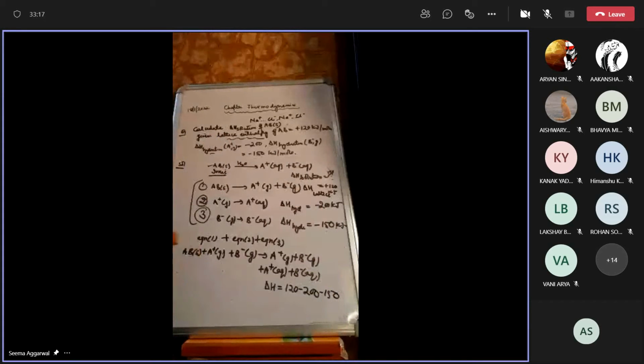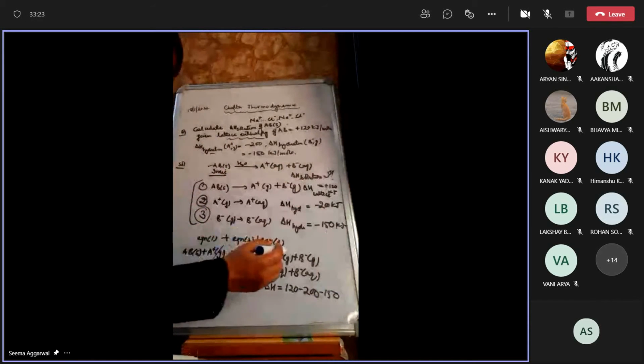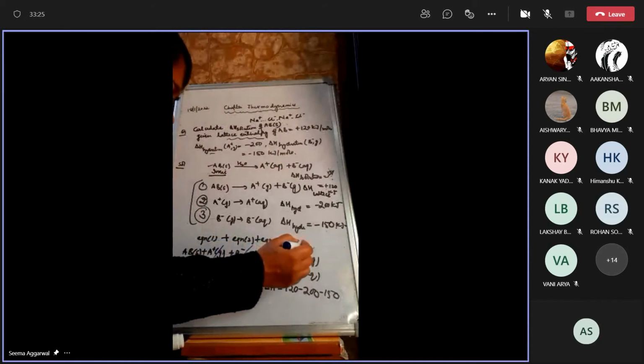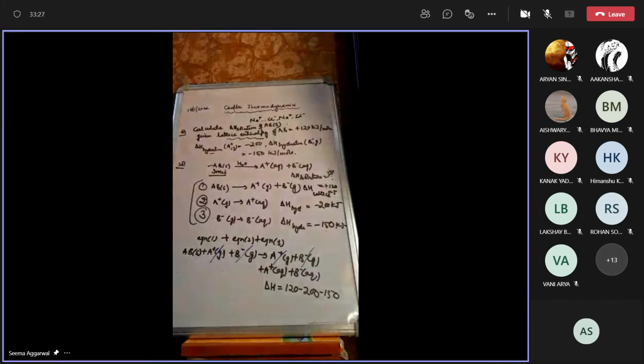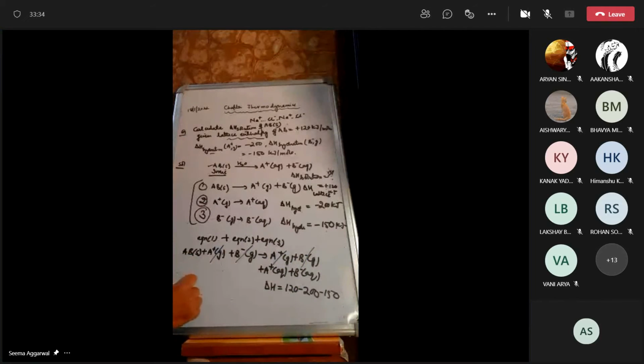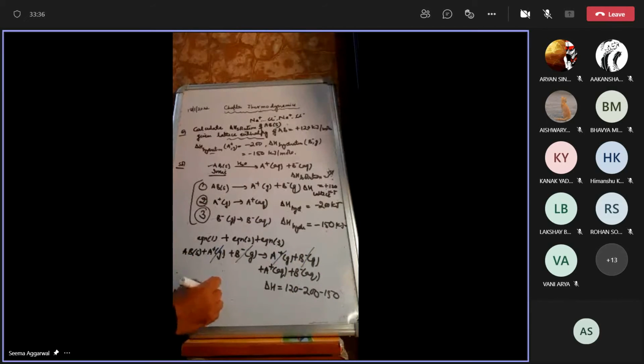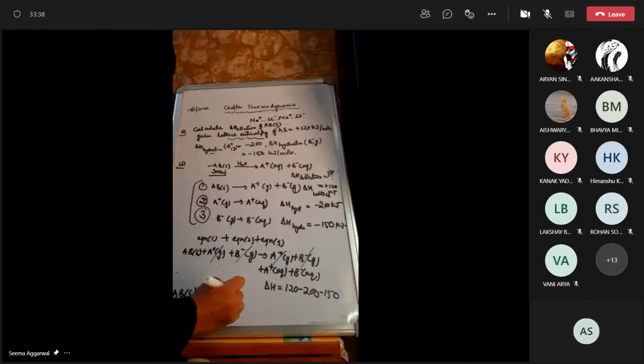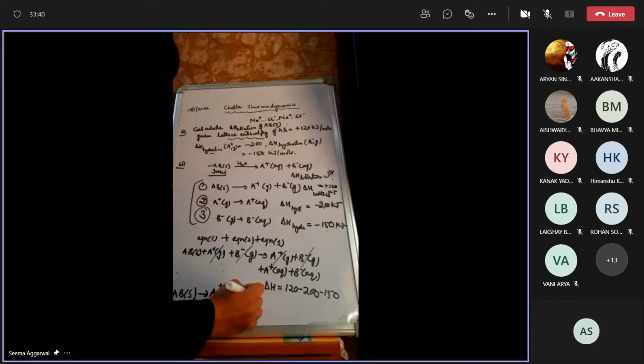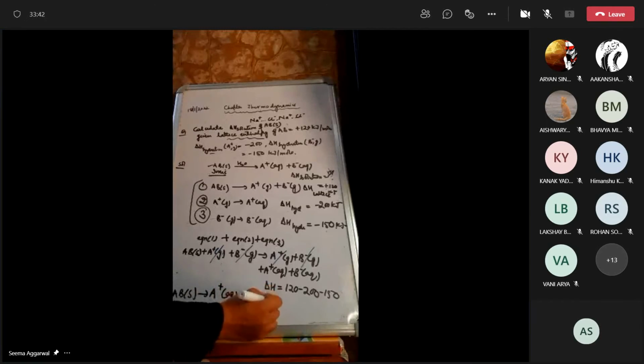Here, A plus gaseous on the reactant side and the product side cancel, and B minus gaseous also cancels. So the overall equation is AB solid gives A plus aqueous plus B minus aqueous. This is what we want.